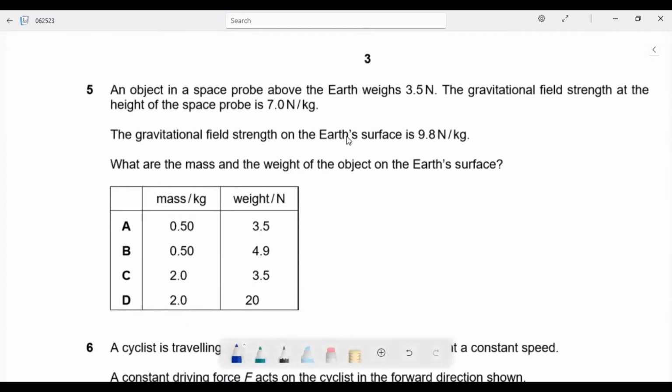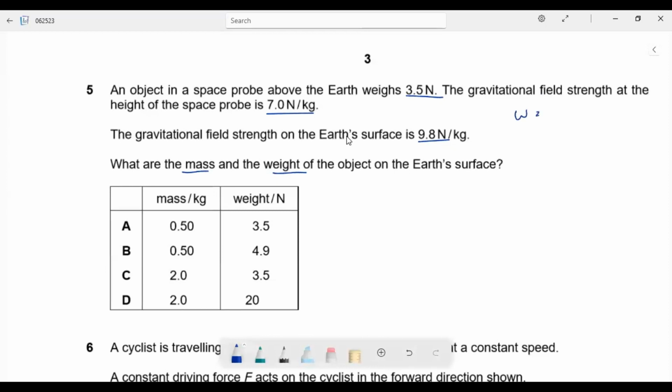An object in a space probe above the Earth weighs 3.5 Newton. The gravitational field strength at the height of the space probe is 7 Newton per kg. The gravitational field strength on the Earth's surface is 9.8 Newton per kg. What are the mass and weight of the object on the Earth's surface?